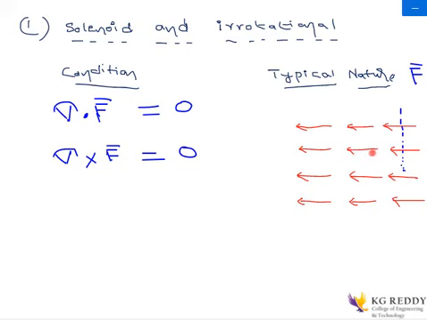As per the earlier lectures, whenever there is no rotation, we can say that there is no curl. So the curl of f bar, where f bar is any kind of field, is equal to 0, because there is no rotation.